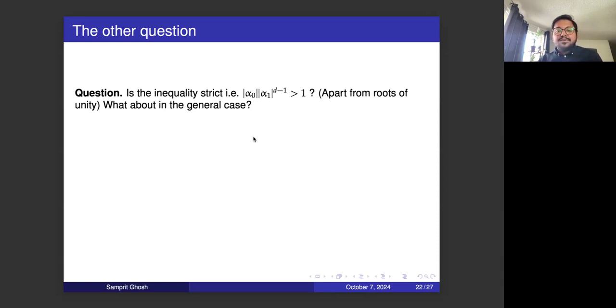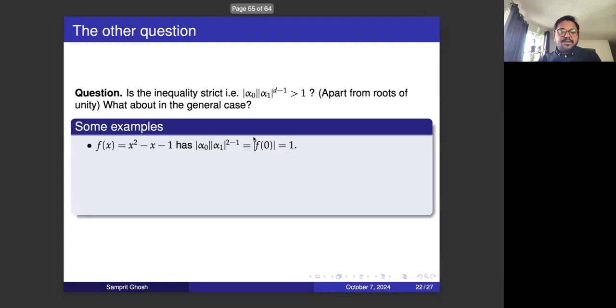So here are some non-trivial examples. If you take f(x) to be x squared minus x minus 1, the Fibonacci polynomial, then alpha 0, alpha 1, that's just f of 0, that's 1. Because d minus 1 is still just 1, d being 2 here.